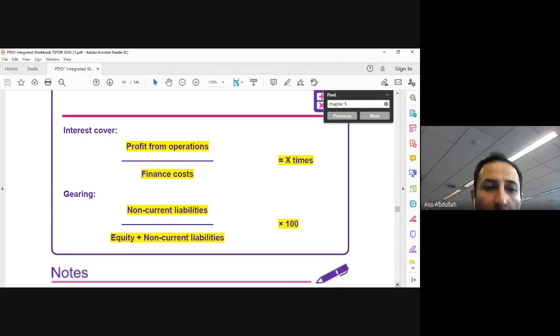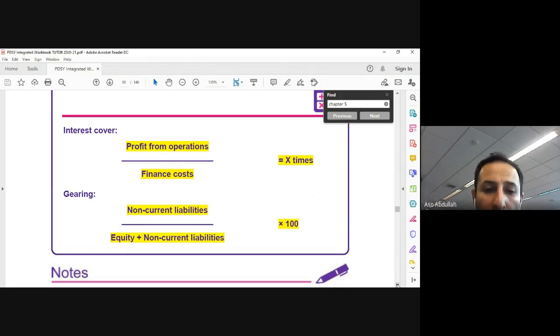If we want to understand our interest cover, we compare profit from operations with the finance cost, because you take a loan from the bank in order to improve your profit and your revenue figure.